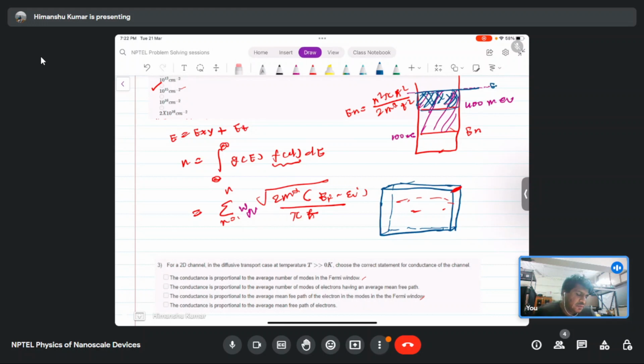Because we have two levels, you need to take this area twice. Is that clear? Yes, sir, overlapping. Yeah, basically you need to count for the overlapping.